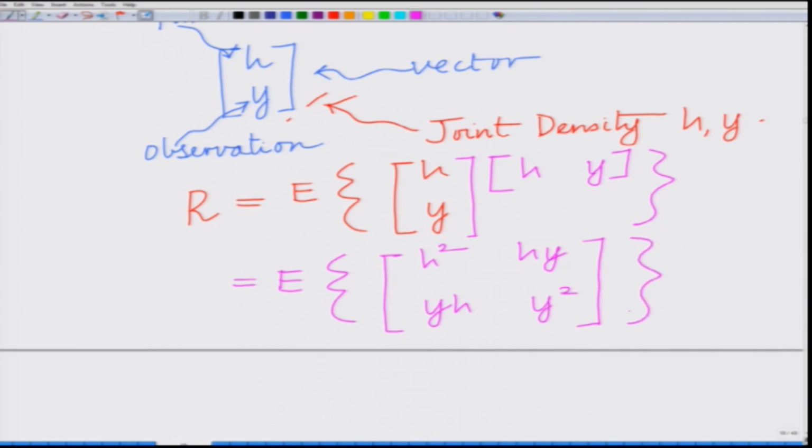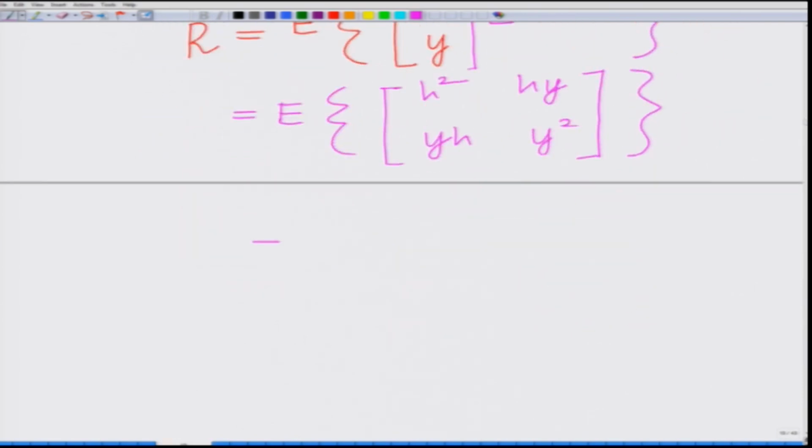Let us take the expected value of each term. The expected value of h square is sigma h square, the expected value of y square is sigma y square, and the expected value of h y, and of y h, is rho sigma h sigma y.